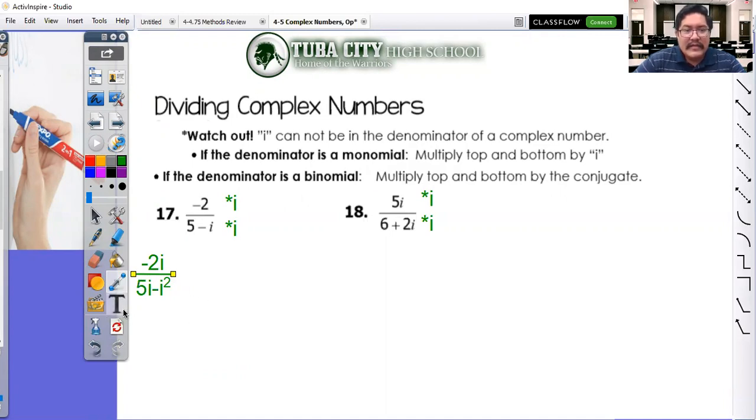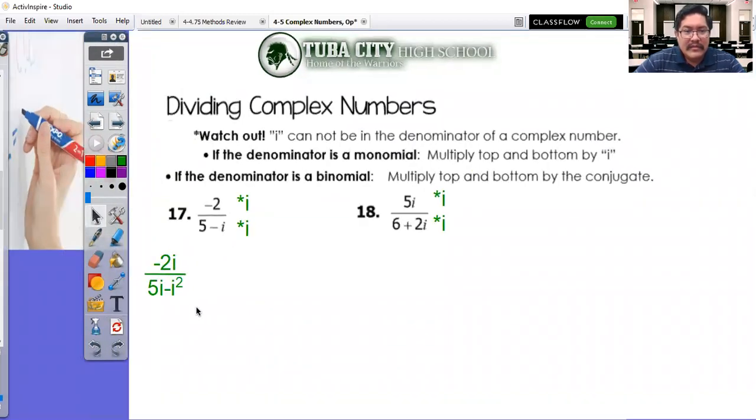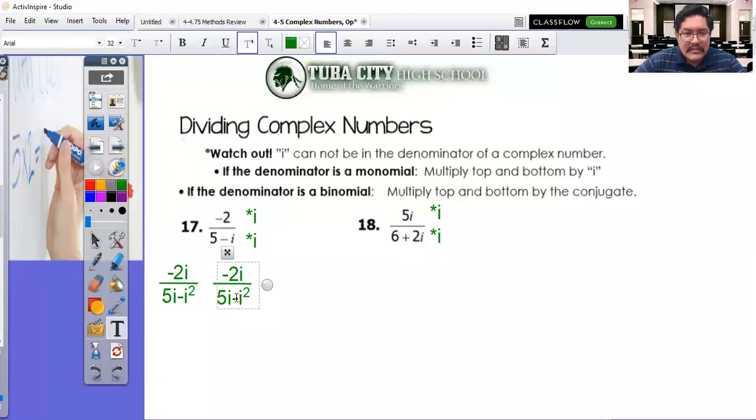Before I do that, just so I don't have to type the whole thing out again, I'm going to switch this. Instead of i squared, it's going to be -1. But I'm also going to simplify that, because again, we already know that the opposite of -1, or double negative here, is just going to become +1.